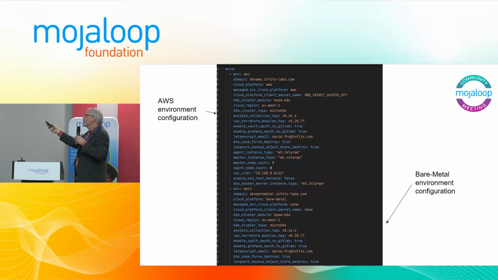So what you saw on the previous slide was one of the environments finishing its run and providing its kube config as an artifact to be downloaded. You can run the same CI job for each of these environments. It's the same process, and you get the kube config out, and if you have administrative access, you're able to access those clusters.